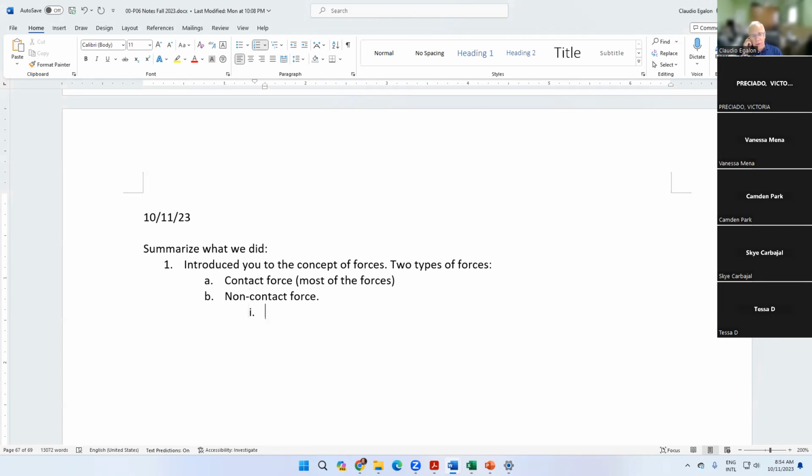Okay. There is a very important non-contact force, that's the weight. It is given by the mass of the individual times the acceleration of gravity.